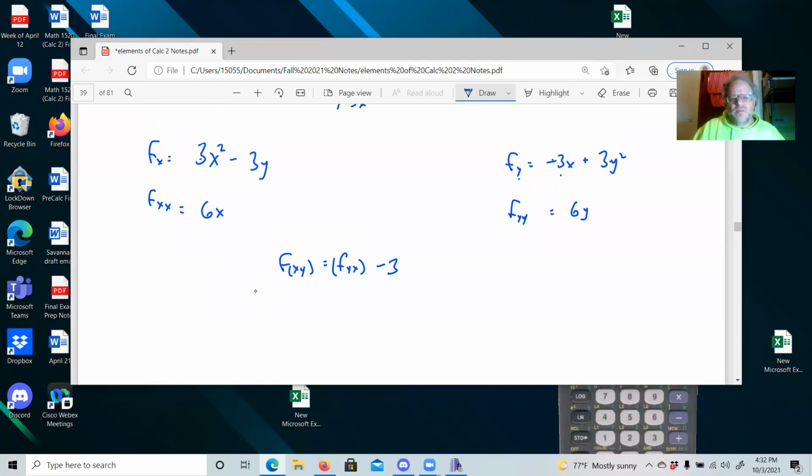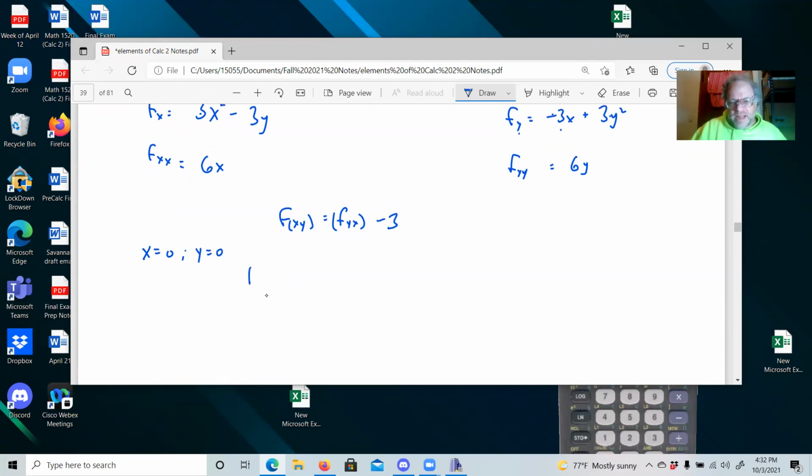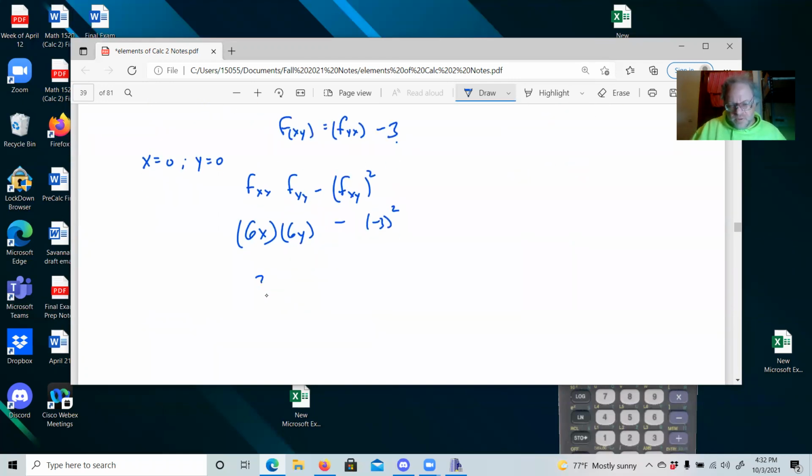Now, what do we do with this? Well, we have 2 points to test. We have when x is 0 and y is 0. So what is my f_xx f_yy minus f_xy squared? That's going to be 6x times 6y minus negative 3 squared. So it's going to be 36xy minus 9.